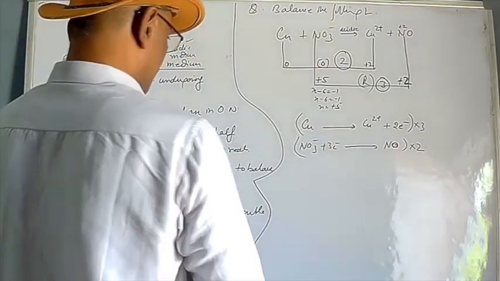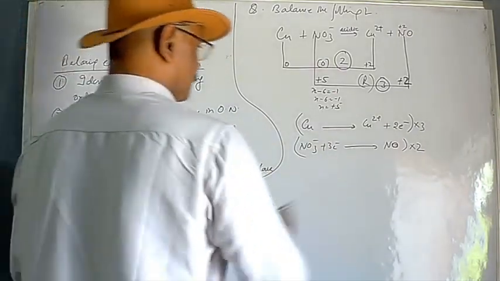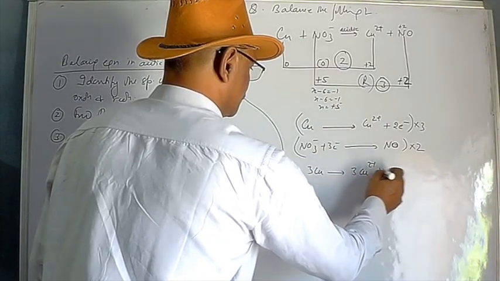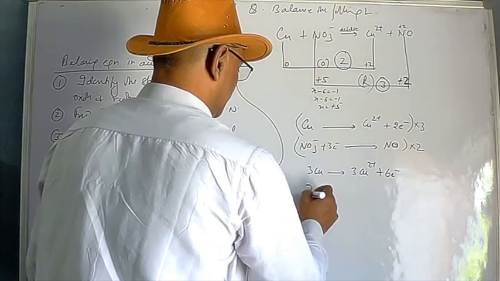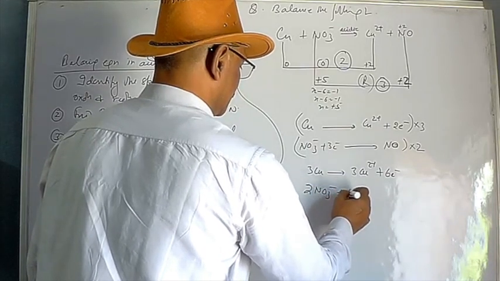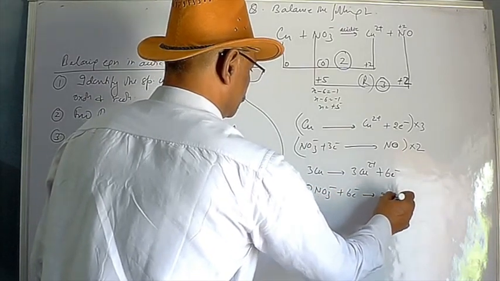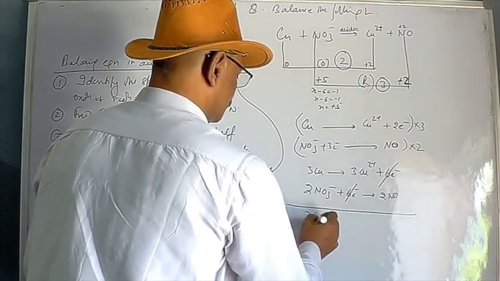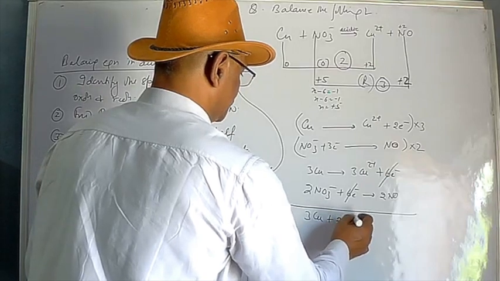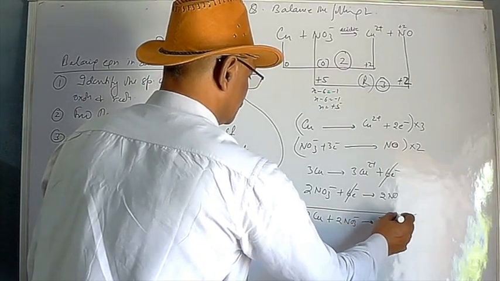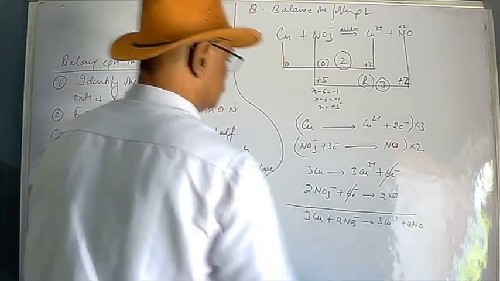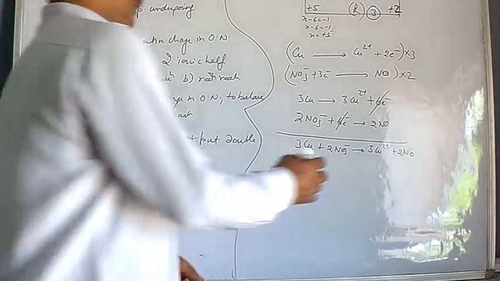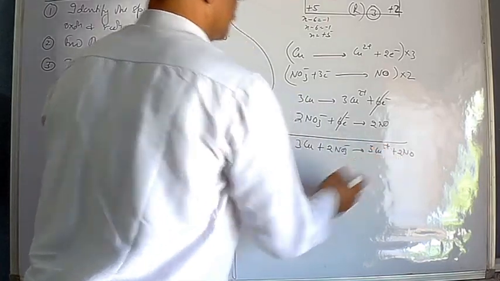So now the reaction will be balanced. See, 3 copper giving me 3 Cu2+ plus 6 electrons, multiply by 2: nitrate plus 6 electrons giving me 2 NO. Add, 6 electrons gone. 3 copper plus 2 nitrate giving me 3 Cu2+ plus 2 NO. At this stage, all our oxidant and reductant are balanced.